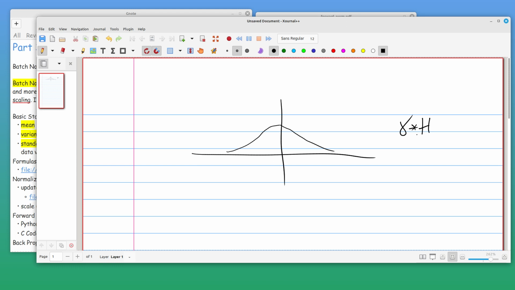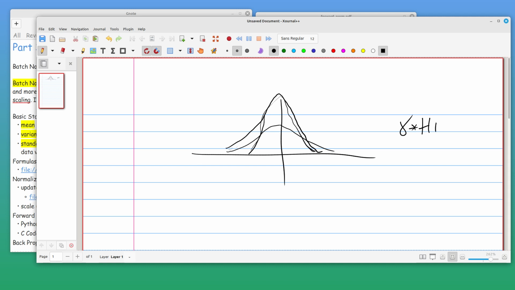I think what the gain does, I could be wrong here, is make it bigger, so it might make it steeper or something like that.